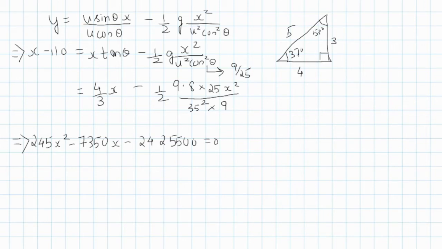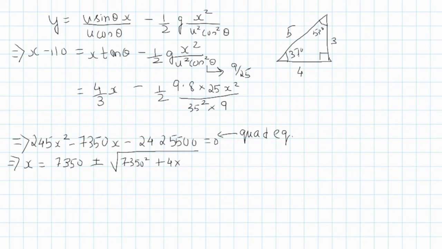Now this is a quadratic equation. Therefore we can write x is equal to minus b, here it is 7350, so 7350 plus or minus under root of 7350 square plus 4 into 245 into 2425500, this whole thing divided by 2 into 245.